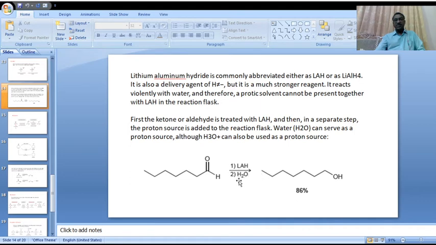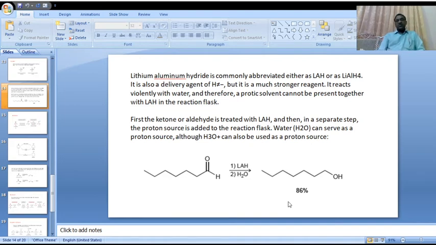Here we are representing H2O, generally used in the second step. We are showing it as a single-step reaction. In the reaction mechanism part we will see where we actually use this proton source, the water molecule.